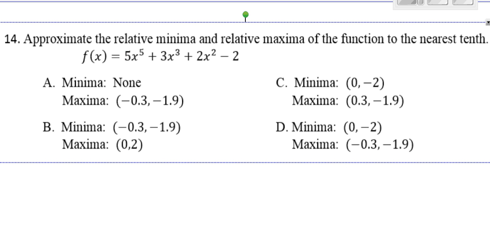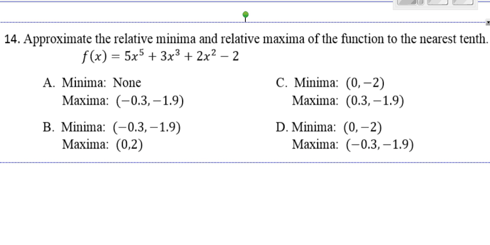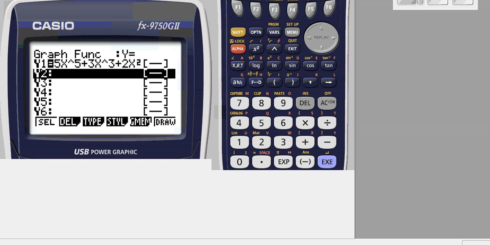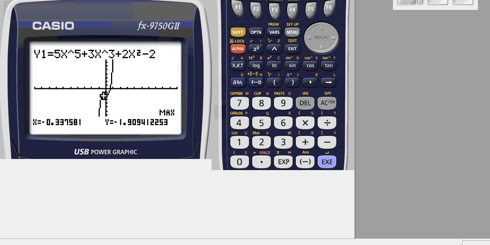So we're typing in 5x to the fifth plus 3x to the third plus 2x squared minus 2. When you go to solve it, you're just trying to find your max and min. So G solve, max will find your max.